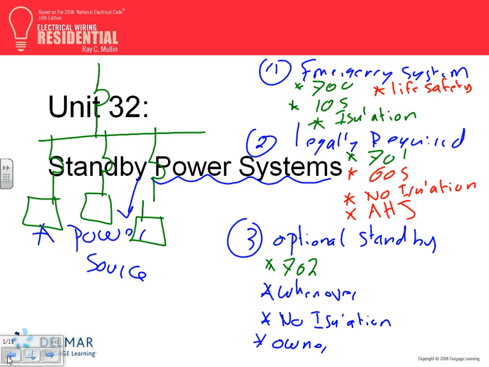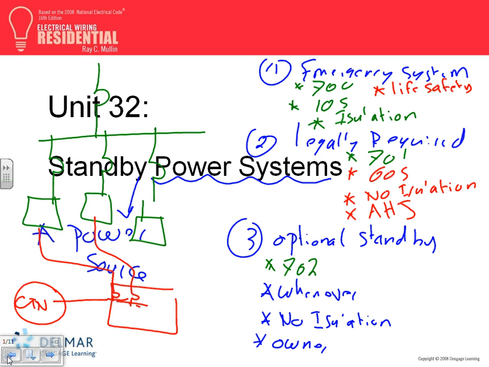I have a big generator here, my gen, and my generator has different sections. From one section, I feed this one. From the other section, I feed this one. From the third section, I feed this one. Can you guys see these are auto transfer switches?